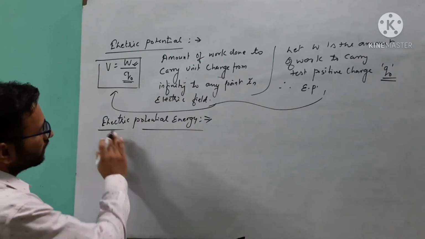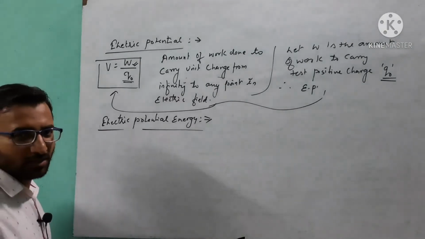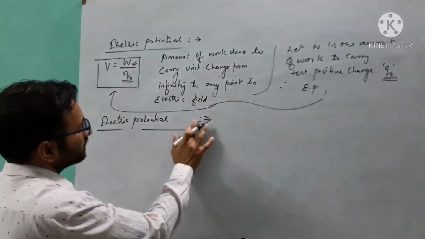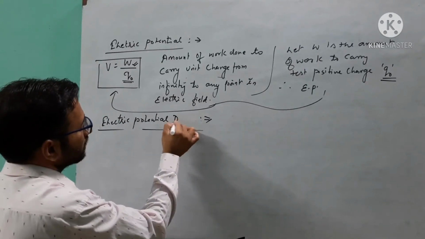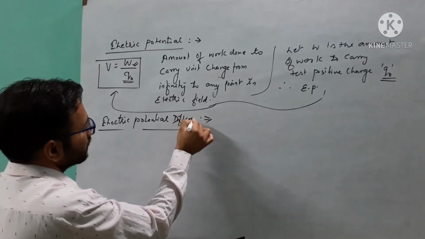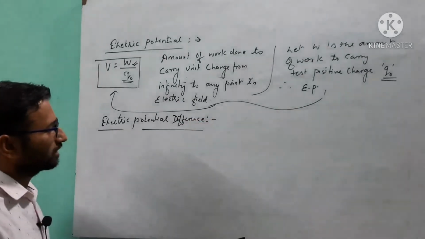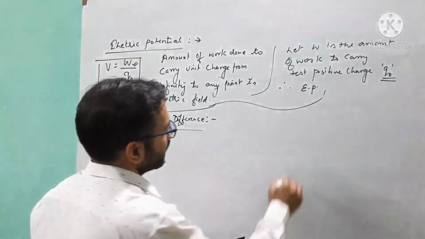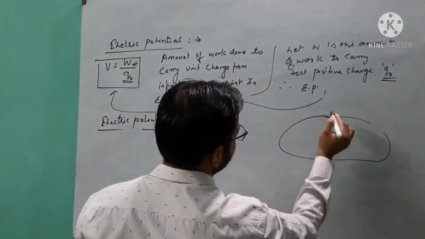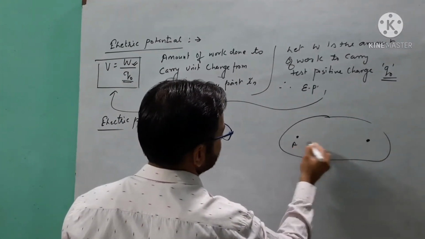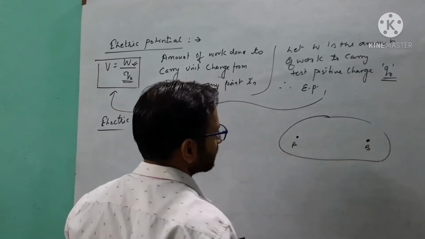Clear? Now we are talking about the next topic: electric potential difference. Energy we have discussed. Electric potential difference means we have two points, and both points are in the electric field.